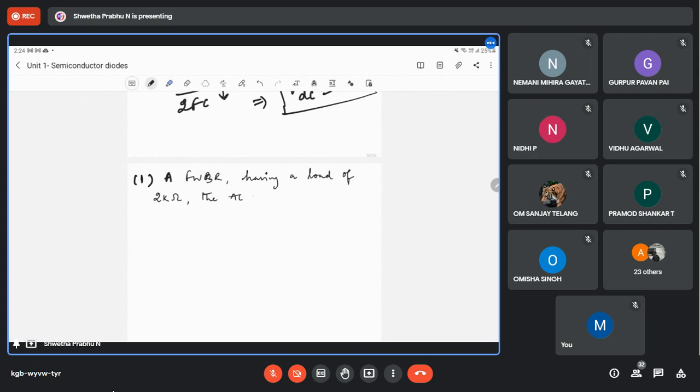The AC voltage applied to the diodes is 200 0 200.